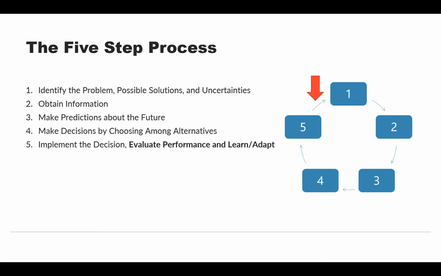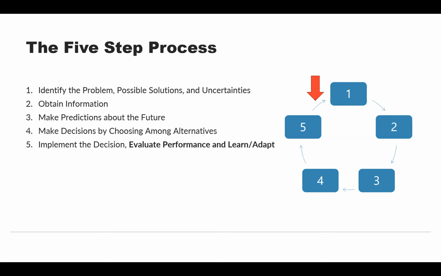And one thing that I really want you to note with this is that there is an iterative aspect to this type of decision making. Once you make a change in your business, you should have some metrics in mind that you're going to use to judge if your decision is a good one. Because if you don't have that evaluation and you ended up making a decision that isn't quite the right one, you won't have the metrics in place to be able to pivot if you made the wrong choice and to adapt.